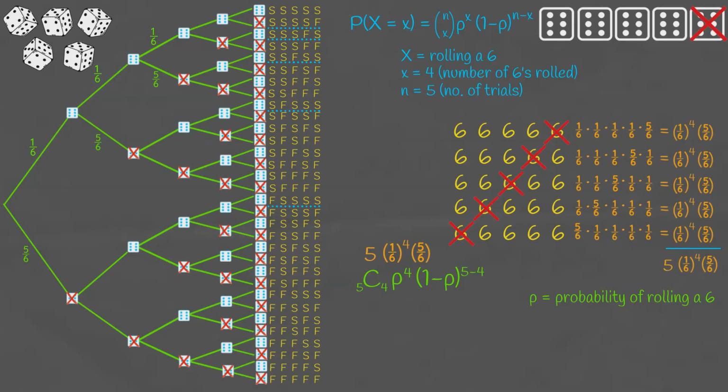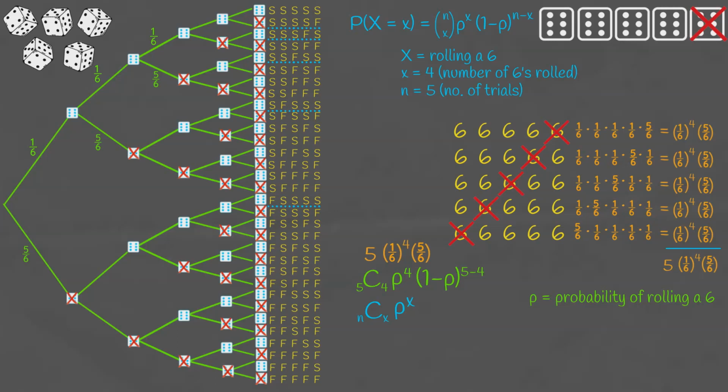So next we're going to swap the symbols in to make it more generic. So 5 choose 4 becomes n choose x because it's the number of trials choose the number of sixes rolled. p to the power 4 becomes p to the power x because x is equal to 4, the number of sixes rolled.